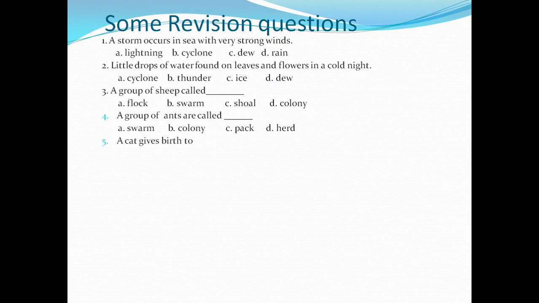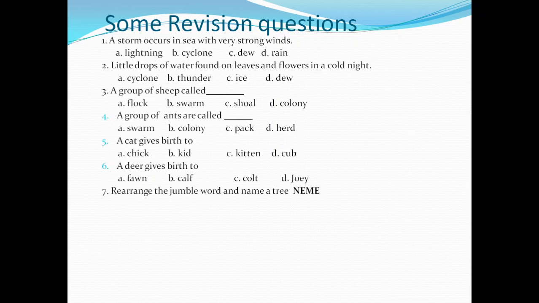A cat gives birth to a young one called chick, kid, kitten, or cub. A deer gives birth to fawn, calf, colt, or jaw. Now, this is a jumbled word given to you. Okay, it is the name of a tree.